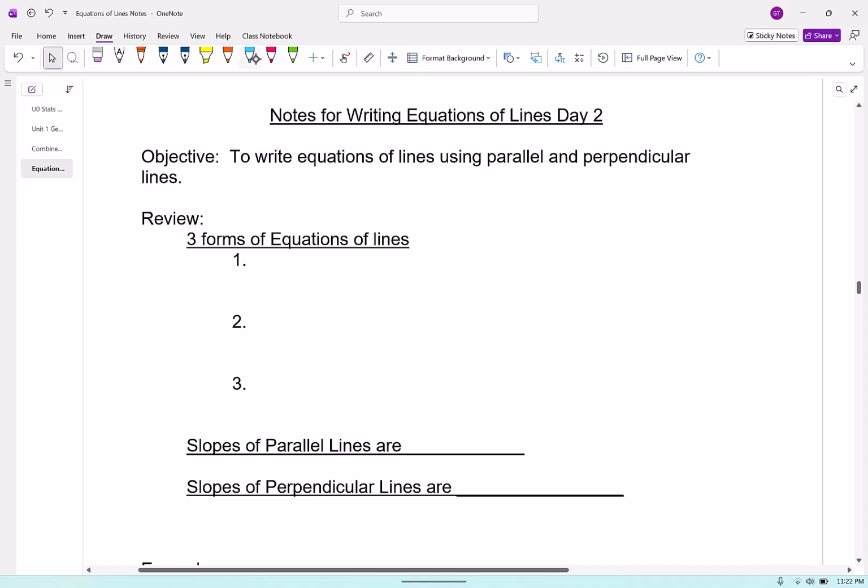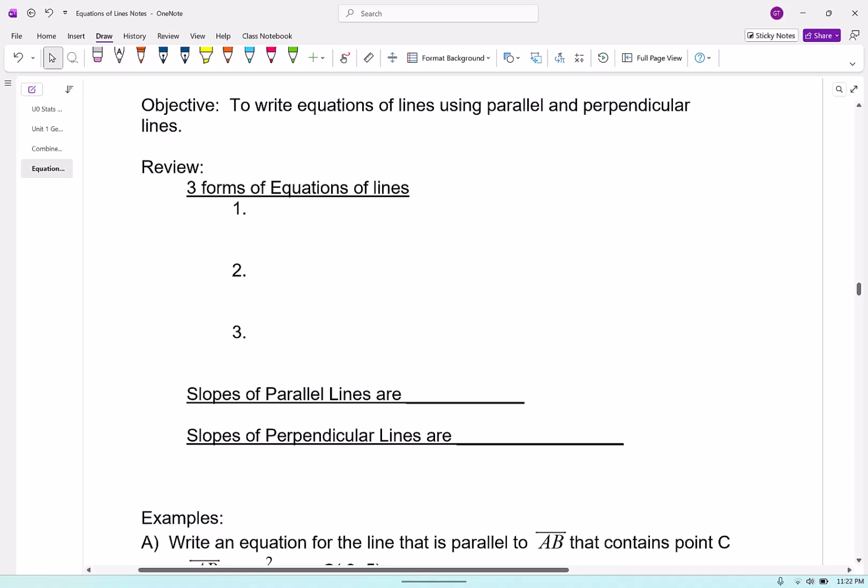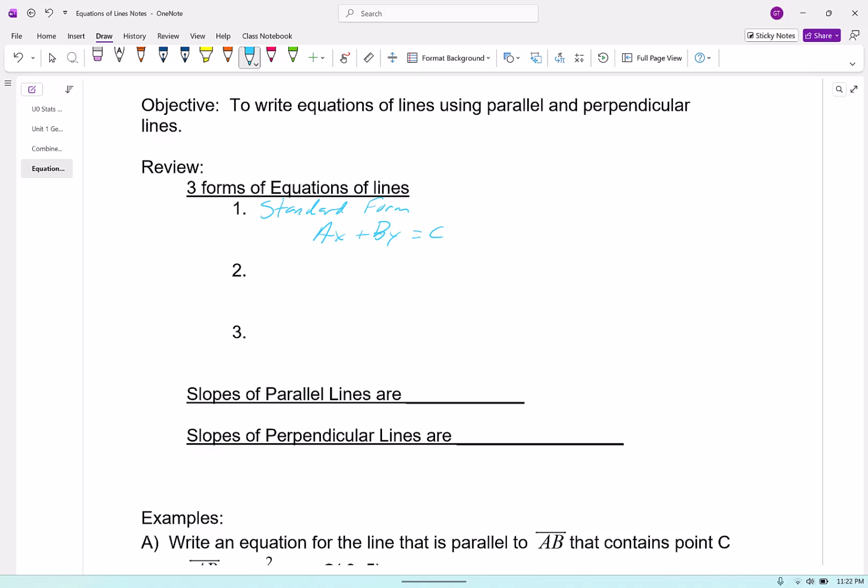So, a quick review of this stuff. We got our standard form, my ax plus by equals c. It could be capital B, lowercase b, doesn't really matter. Remember, no fractions or decimals, and A is always positive.